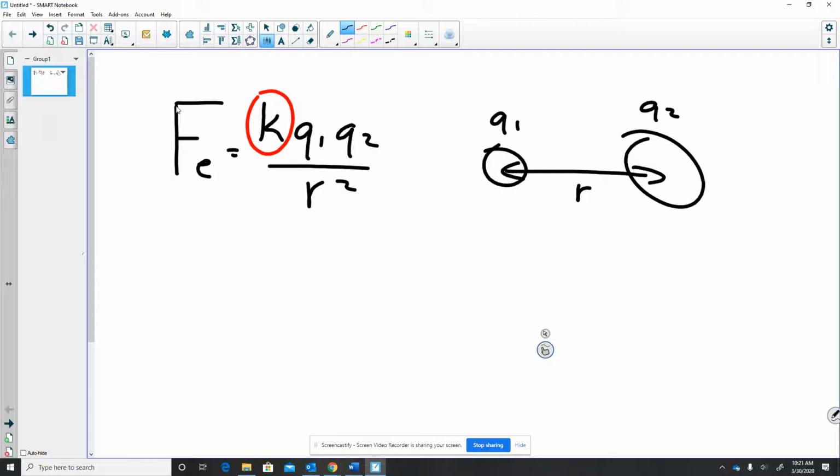Other than that, we practiced in our work booklet a bunch of scenarios where we rearrange this formula for the electrostatic force, solving for Q, solving for r, just practicing manipulating the formula.